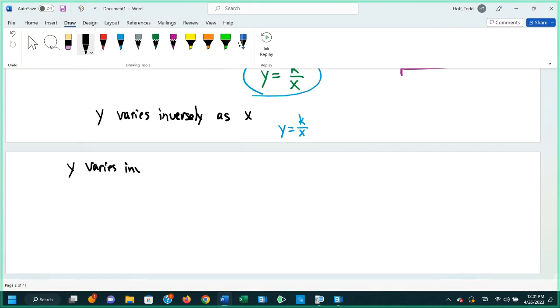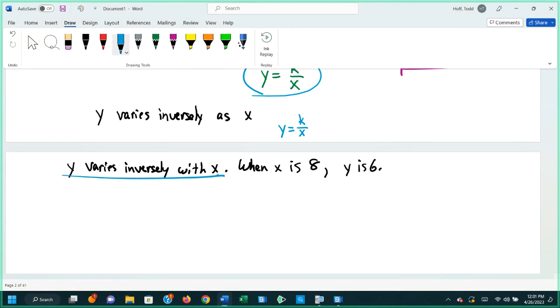So we're told y varies inversely with x. And we know that when x is 8, y is 6. So again, we start off with this piece of information here. Y varies inversely with x, simply telling us that y equals a constant divided by x.